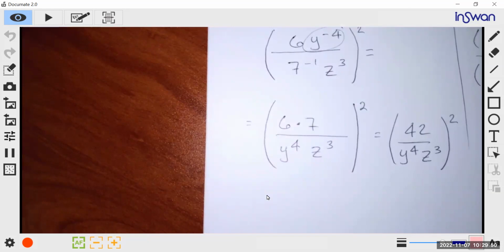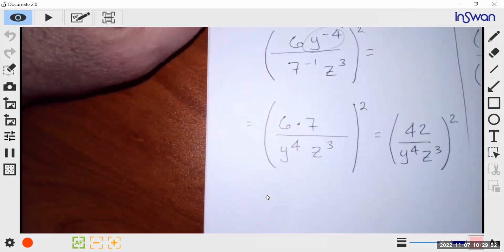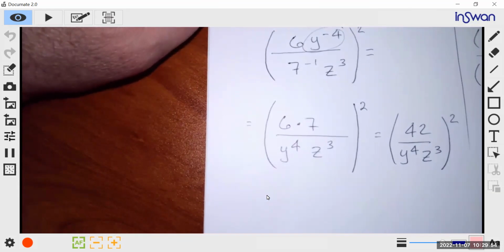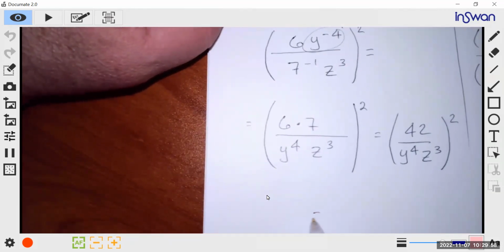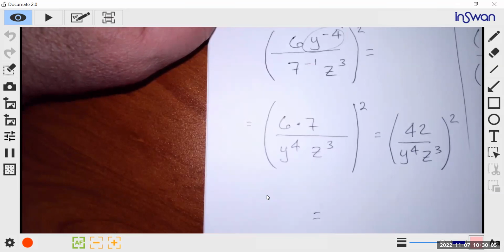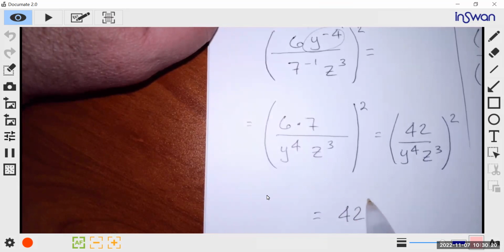You're not done yet because you still have parentheses. What is the final answer going to become? How do you set up the final answer? (42 to the power 2).